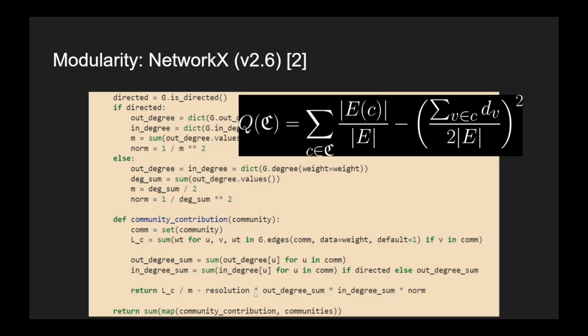And then you can see, ignore this resolution term for now, we'll talk about that later, but the out degree times the in degree times the norm. Now this looks a little different than our equation, but what you'll see here is that in degree and out degree are the same if it's not directed. So really that's the square of the degree, and the norm, as I mentioned before, already has a square term in it.